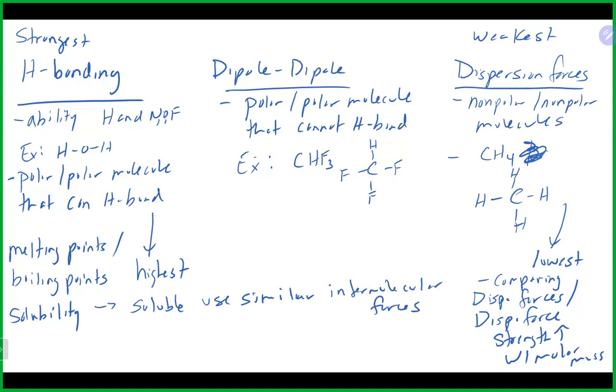So if things use similar intermolecular forces as whatever you're trying to mix them with, then they're going to be very soluble in each other. If you mix two things that are using two different types of intermolecular forces, they're not going to mix or not going to be soluble. So intermolecular forces play a big role in solubility. They also play a really big role in things like melting points and boiling points. Any questions on any of that there?